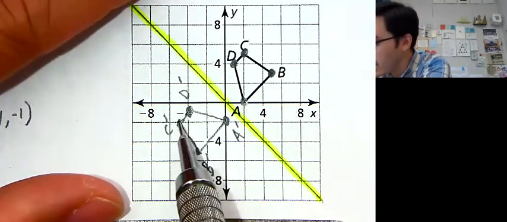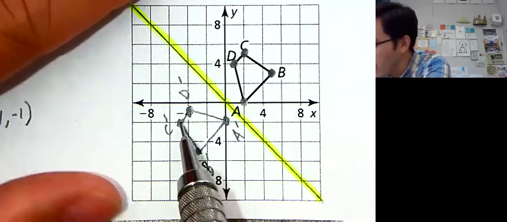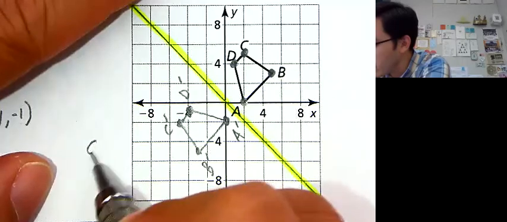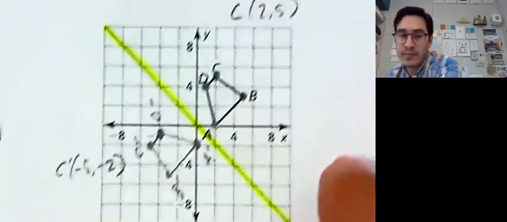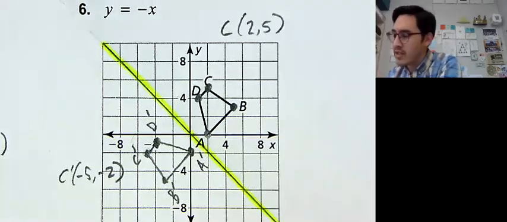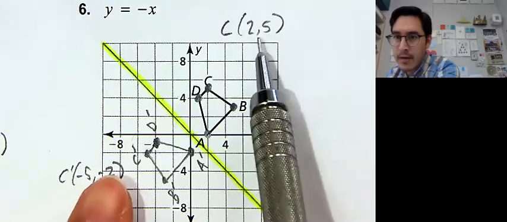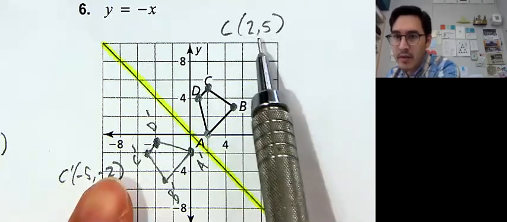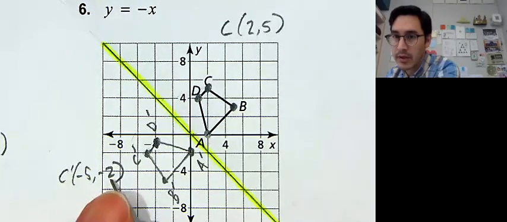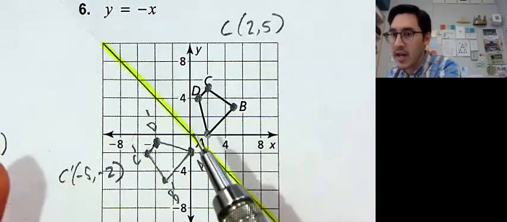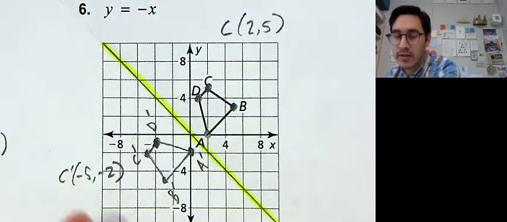Okay, C prime has coordinates -5, -2. Okay, so here what happens is not only do the coordinates switch places, right? The 2 was the x coordinate, and now we see the value 2 in the y coordinate, but it also changed signs, okay? So it went from positive coordinates to negative coordinates, okay?